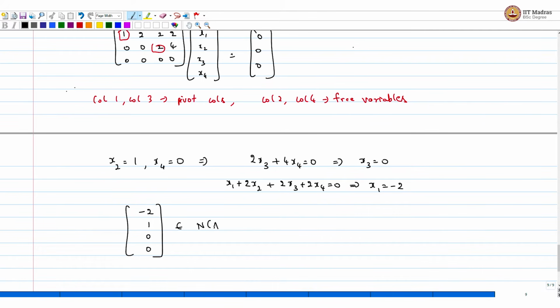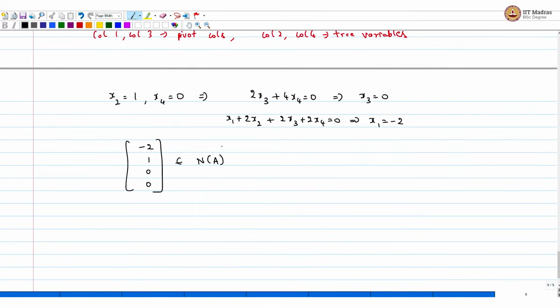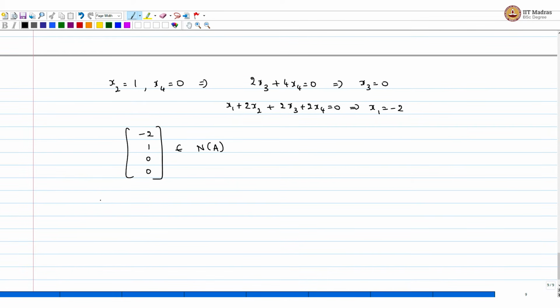This belongs to the null space of A, but this is not the only one. There are two free variables. So the alternate choice is to set x2 equals 0 and x4 equals 1. Then 2x3 plus 4x4 equals 0, which implies x3 equals minus 2. You can pause the video and work these out on your own. They're fairly straightforward.